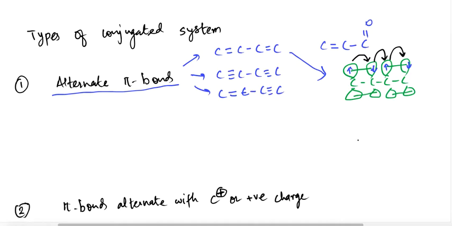You will get this C. I'm drawing p orbital, and here you will get 2 electrons. It already had one, and one more will move, so it will have 2 electrons. Here 1 electron, and here 1 electron, right? And this will have empty p orbital.